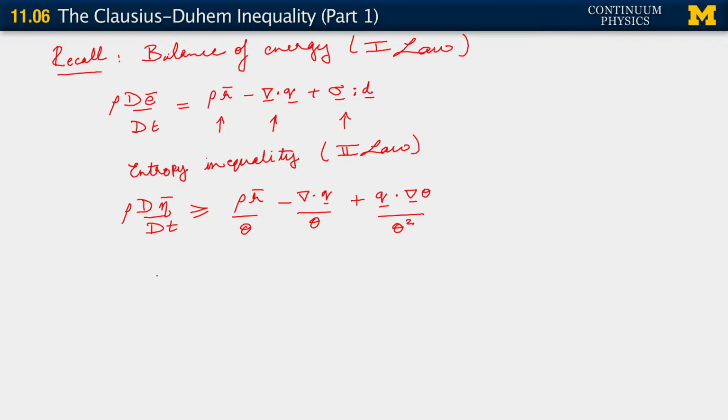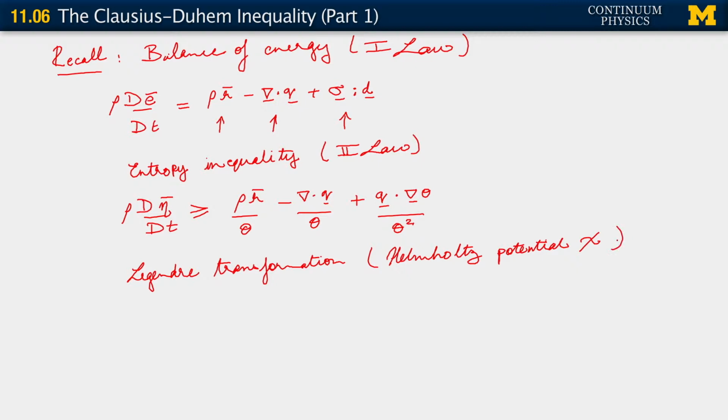The last thing we introduced was this Legendre transformation, which gives us the Helmholtz potential, chi.